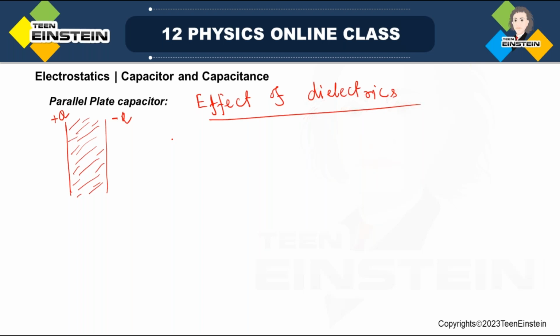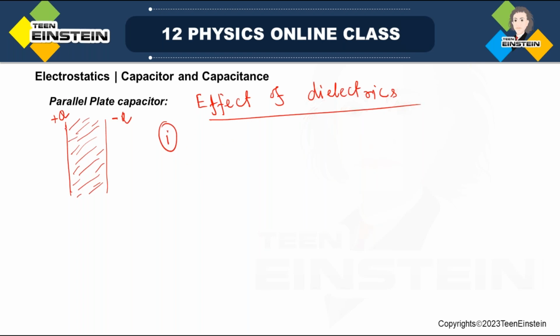There are a few advantages that this dielectric material can do. Upon insertion of dielectric material between the plates of the parallel plate capacitor, the first thing it does is it solves a problem.